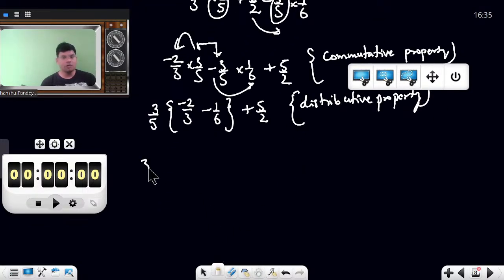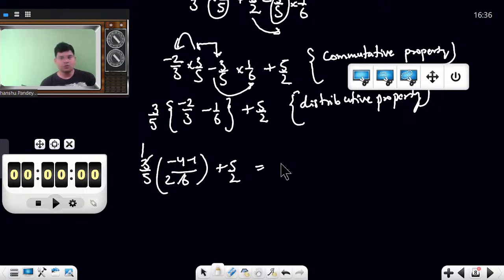Now we will solve the bracket first. Minus 2 by 3 minus 1 by 6. The LCM is going to be 6. 3 into 2, 2 into 2: minus 4 minus 1, plus 5 by 2. So this is going to be 3 into 1, 3 into 2, so this is going to be minus 5 by 5 into 2.